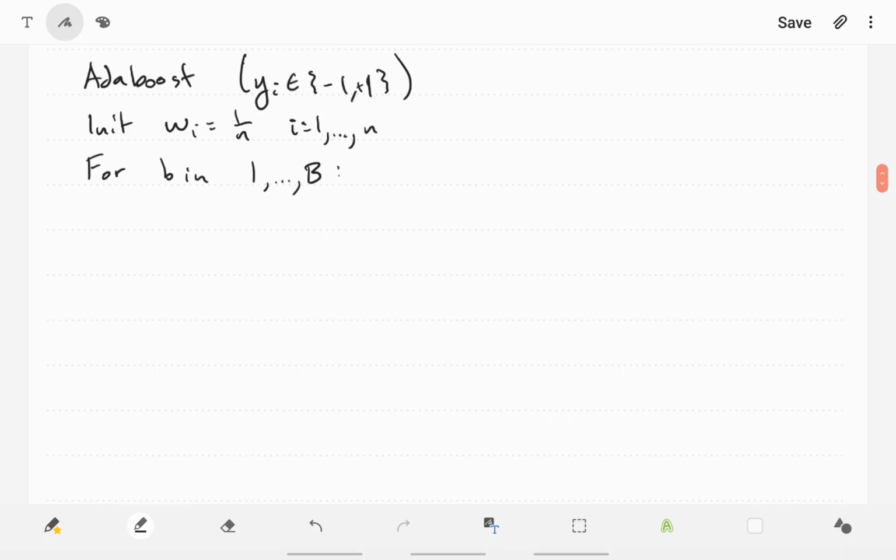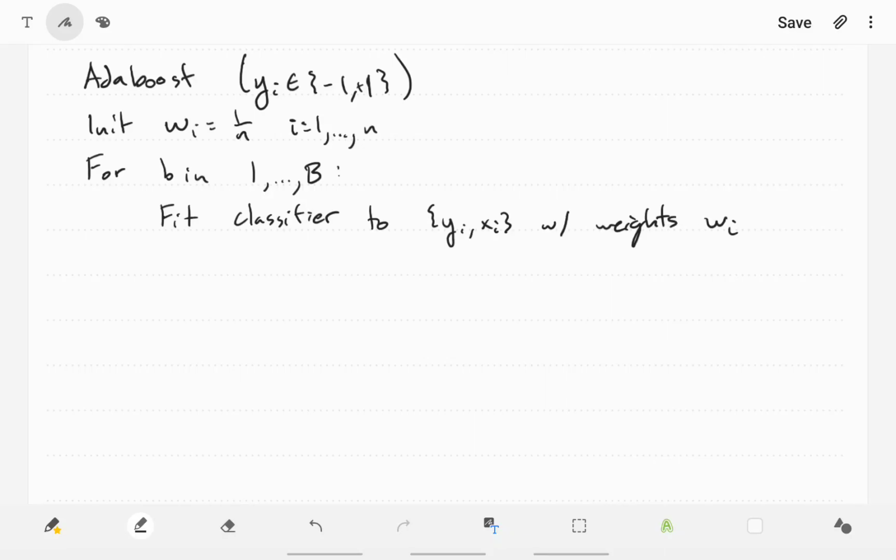We're going to fit, for each different classifier, a classifier to the training data, the y_i's, x_i's, with our weights w_i.